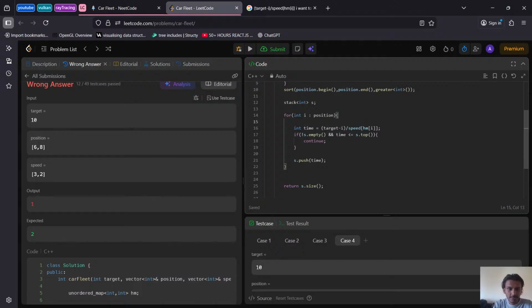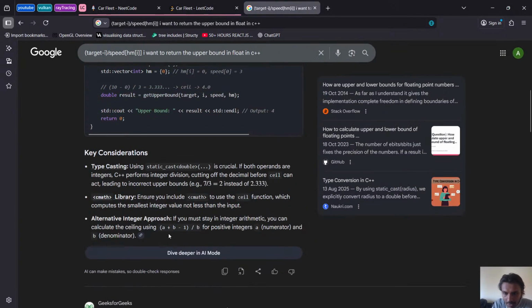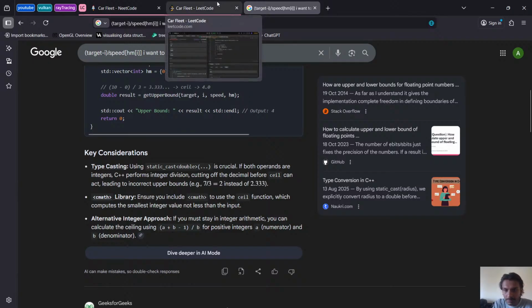So let's do int nominator, that is target minus position, then int denominator, that is speed of position. We use the formula a plus b minus 1 divided by b, where a is the nominator and b is the denominator.